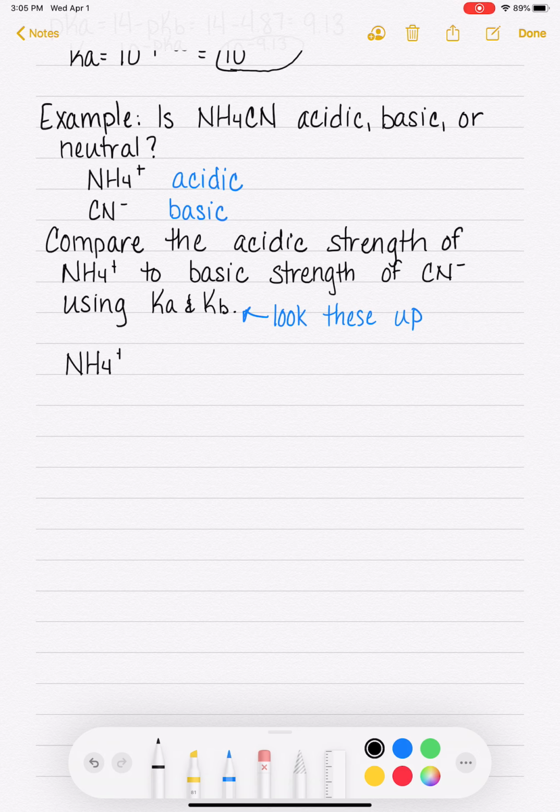So NH4 plus, the Ka is 5.6 times 10 to the minus 10. And for cyanide, CN minus, its Kb is 2.0 times 10 to the minus 5. Our rule here is to just go with whichever one, Ka or Kb, is bigger.